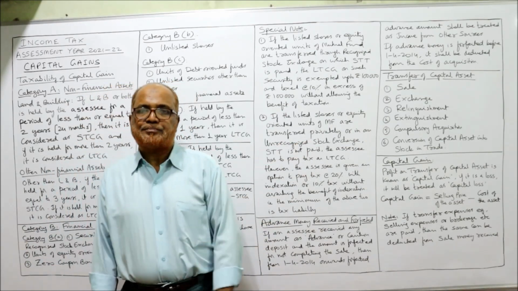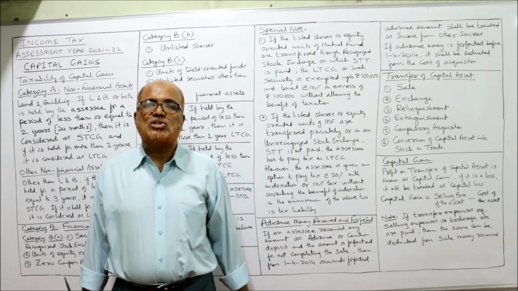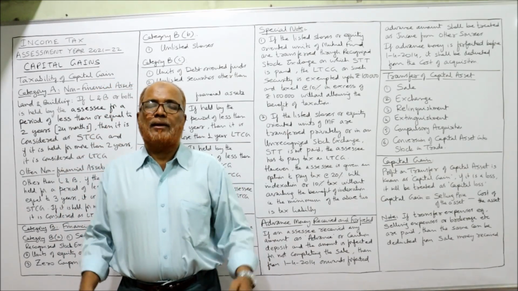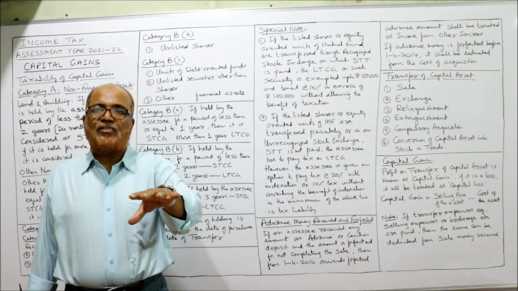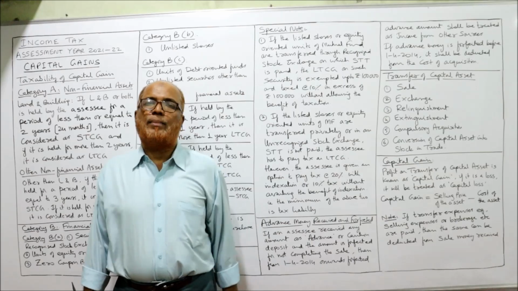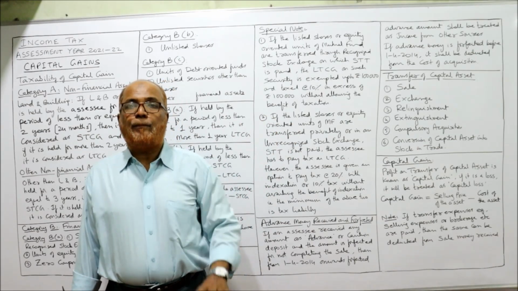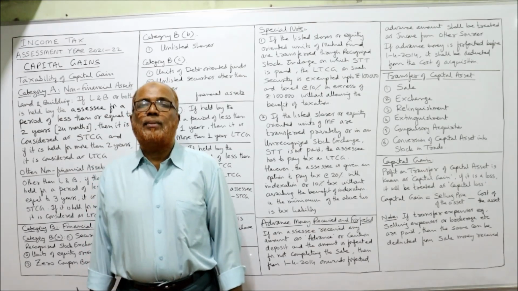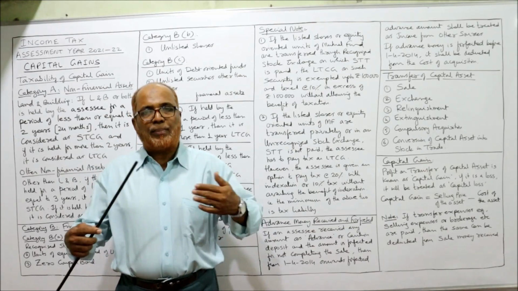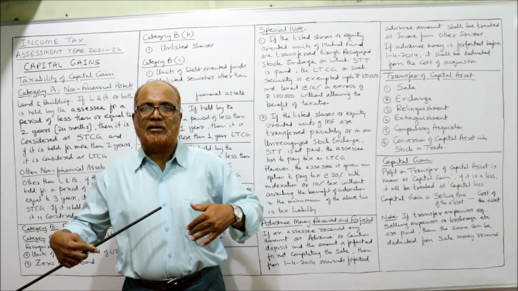Secondly, exchange. There is a barter system. Goods exchanged for goods without money. Example, a person has sold his house to a company for rupees 80 lakh. The company has not paid cash. The company has given shares. For example, I am the owner of a property worth 80 lakh rupees.